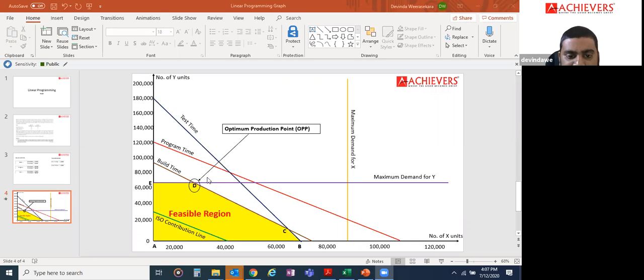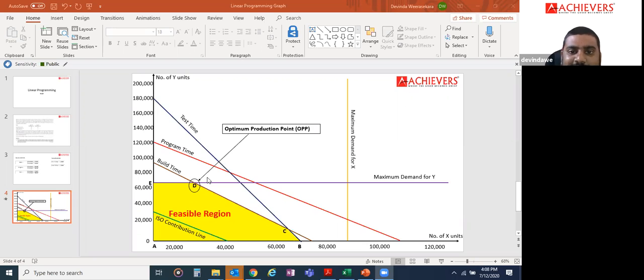The second situation is where at the optimum production point, the two constraints are two resource constraints. Those are the two possible situations that you will face.